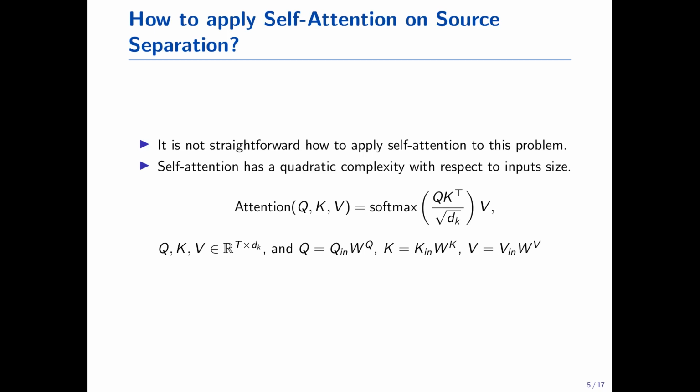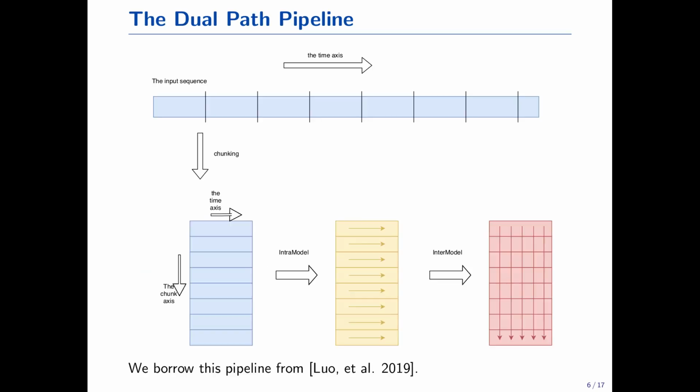So we have to find an efficient way to model real-world signals. For this we employ the dual path pipeline proposed in the paper by Luo, 2018, the dual path RNN paper.